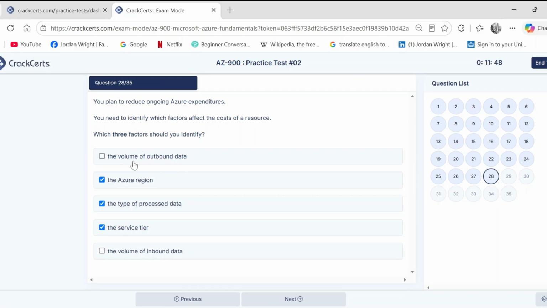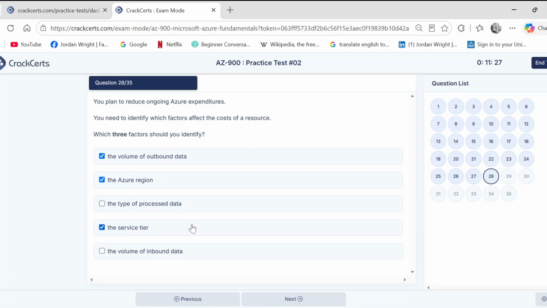How about the inbound data, Jordan? No, it won't. Okay then. No, I think it's outbound. I would delete that one and put that one in.